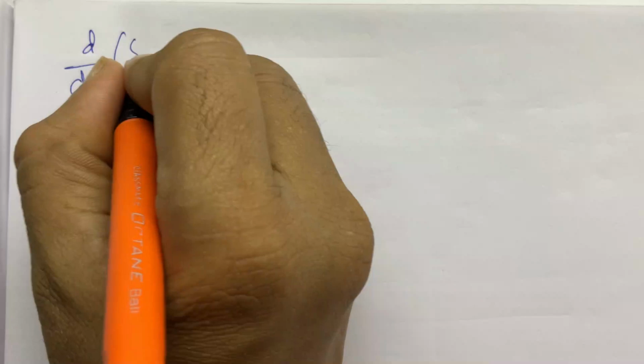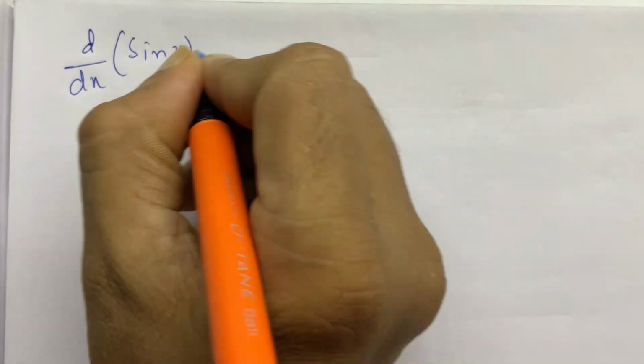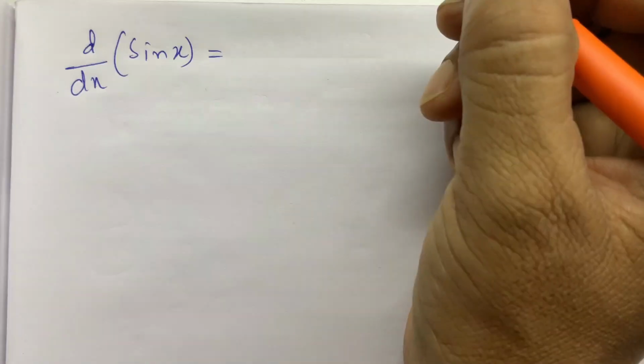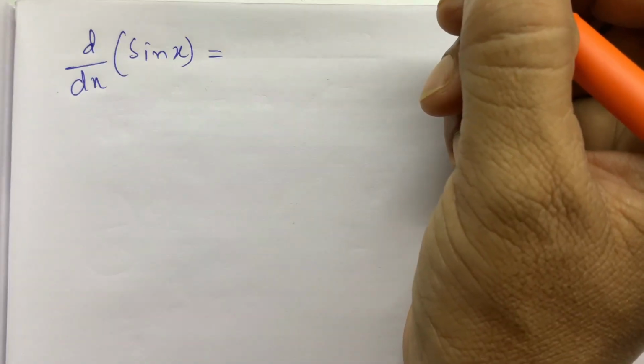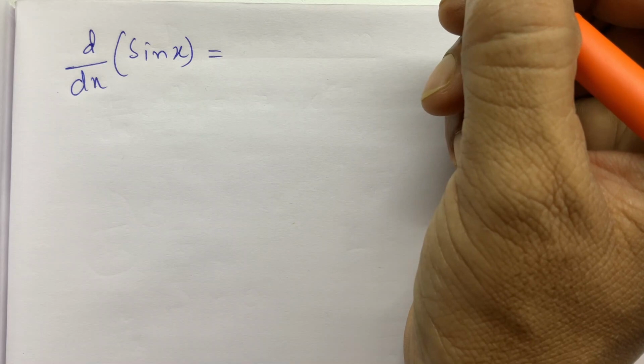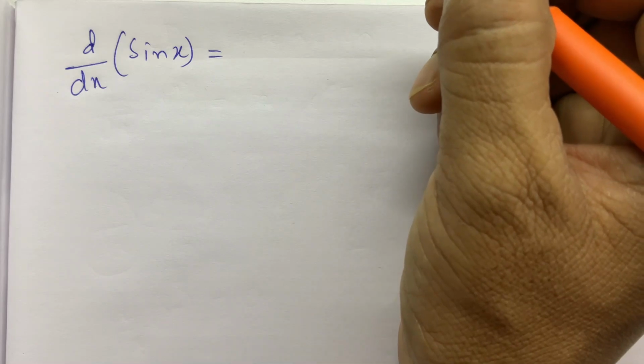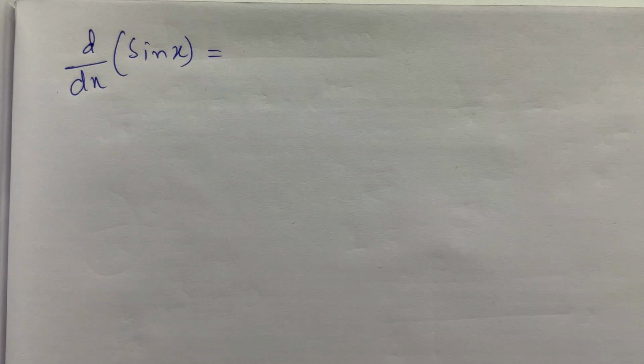d dx of sin x, you have to remember, sin x is the trigonometric function, you know that. So here, the result of 6 trigonometric functions to be remembered. Differentiation of 6 trigonometric functions.